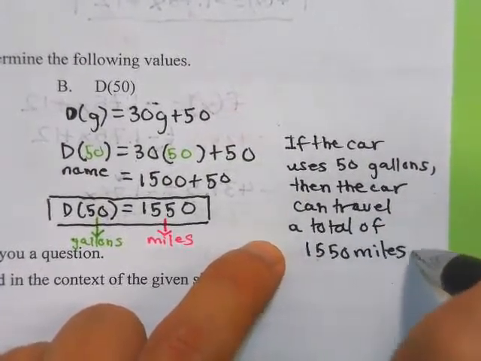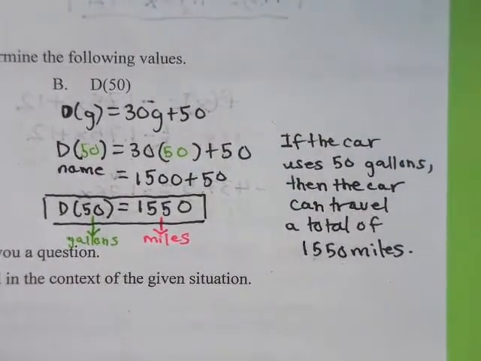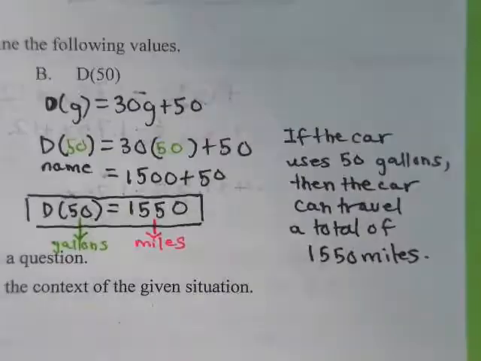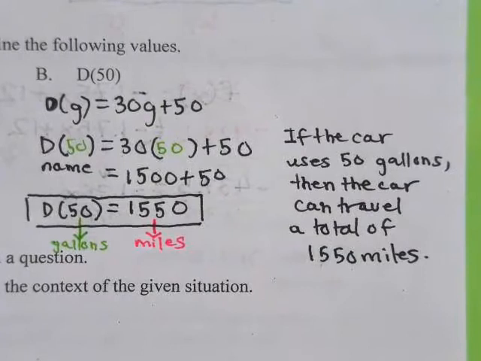So this is one interpretation, and anything that is similar to this is okay. If the car uses up 50 gallons, the car can travel 1,550 miles. If the car has 50 gallons, it could travel this much.